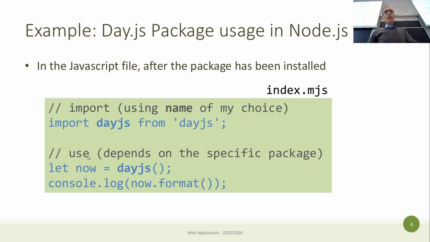And then you use it. How you use it depends on the ones that wrote the package, the library, and so on. If dayjs is a function that can be called, you call it. If it's an object, you do dot something and you use the content. So you need to look into the documentation of the package, the libraries, and so on.